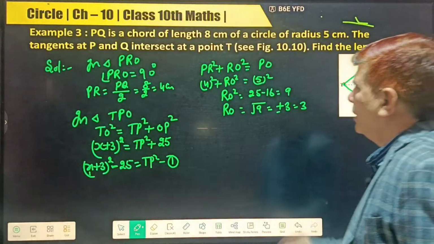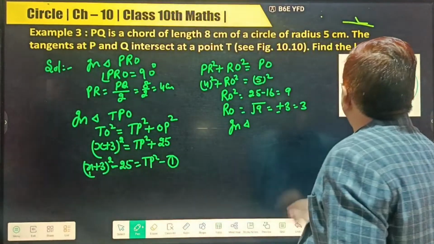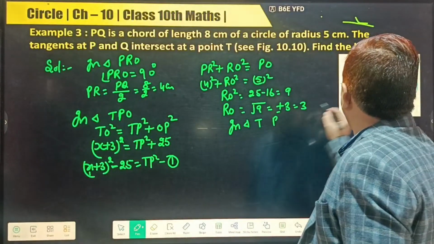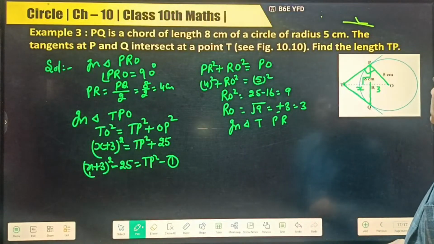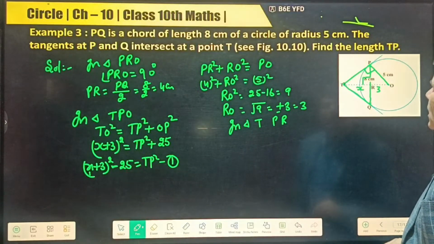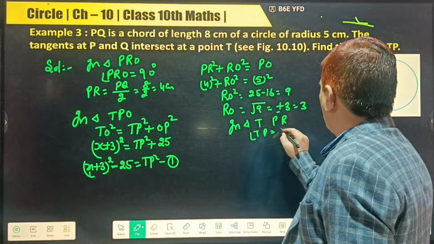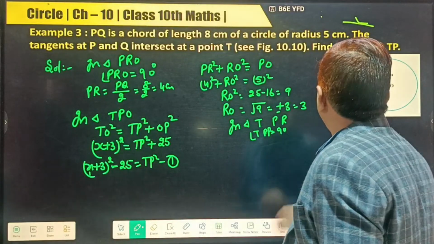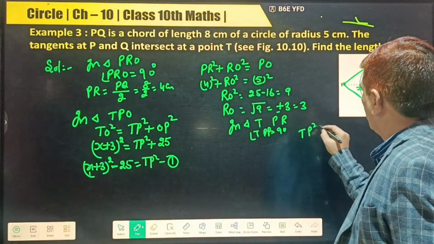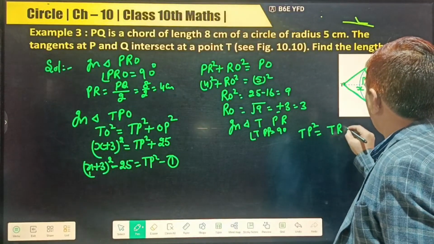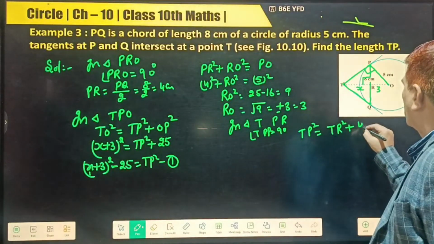In triangle TPR, angle TRP is 90 degrees. So TP square is equal to TR square plus 4 square.